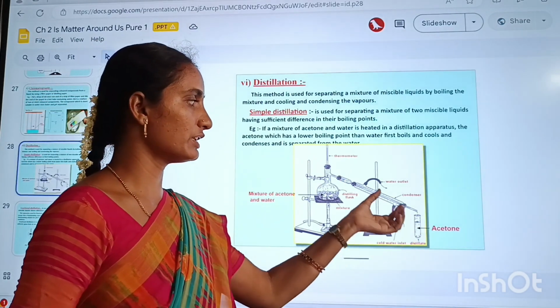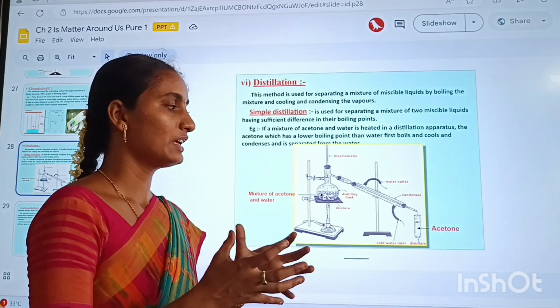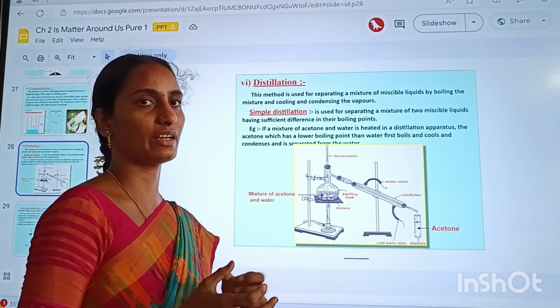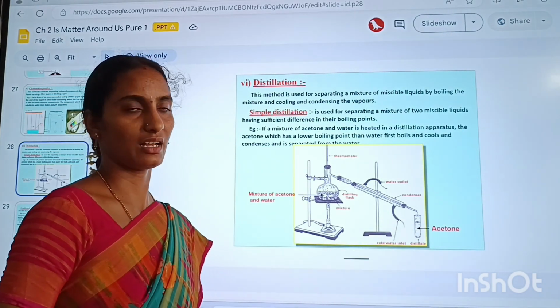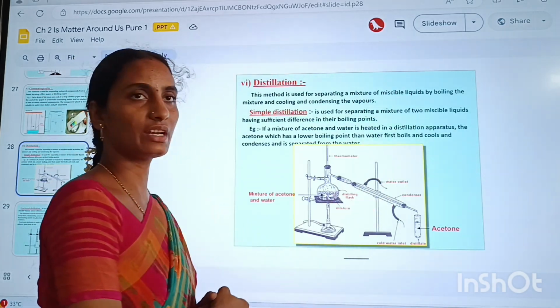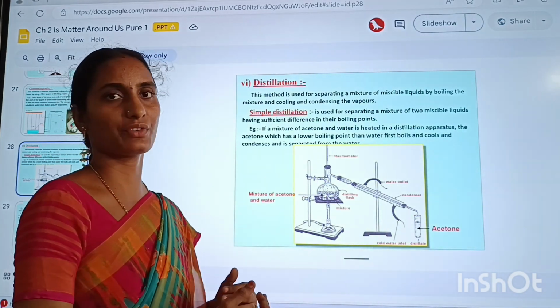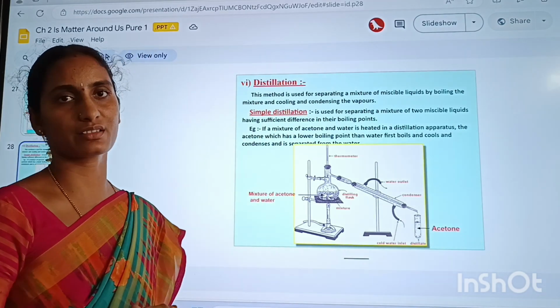Here we put a test tube, the water outlet and the condenser. The condenser will help to cool the vapor. This is the distillate of the acetone. The water goes outside and the acetone will be extracted after the distillation process. That is called simple distillation.